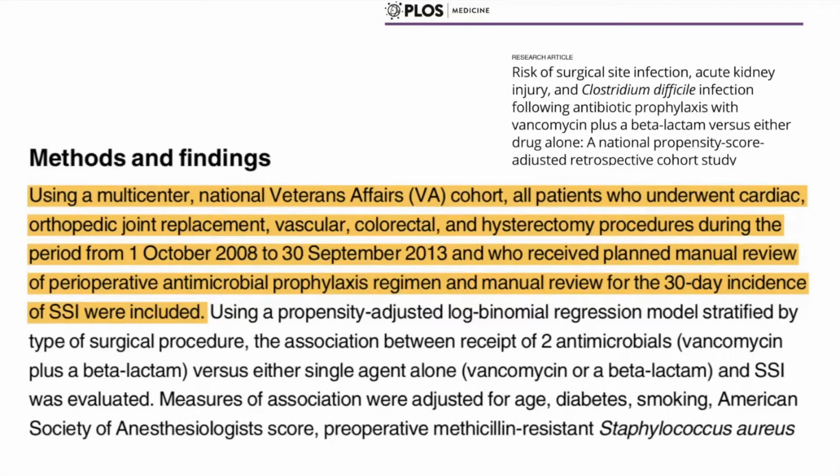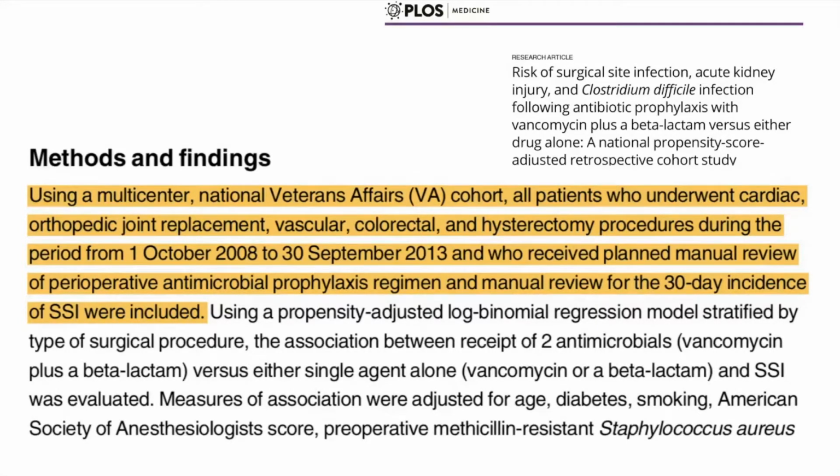Here, the methods section reads, using a multi-center National Veterans Affairs cohort, all patients who underwent cardiac, orthopedic joint replacement, vascular, colorectal, and hysterectomy procedures during the period from October 1st, 2008 to September 30th, 2013, and who received planned manual review of perioperative antimicrobial prophylaxis regimen and manual review for the 30-day incidence of SSIs or surgical site infections were included.